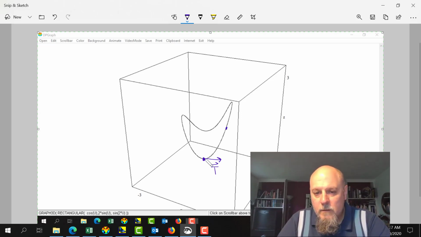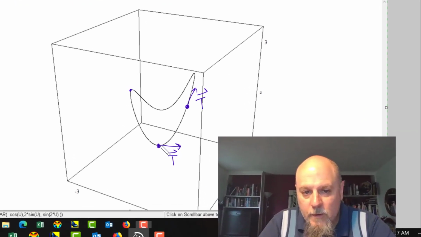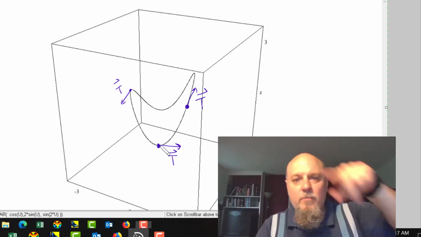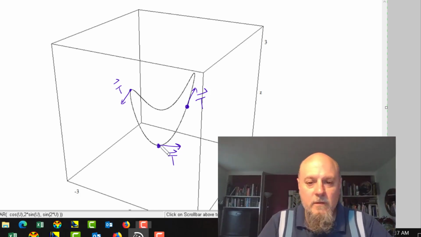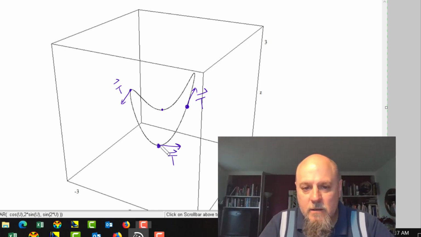At this point, it's going in this direction. That would be the tangent vector there. At this point, it kind of looks like it's going out this way. That would be our tangent vector. So as the point goes around, the tangent vector is changing.